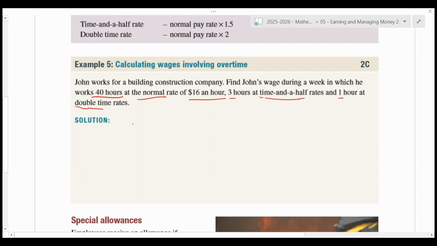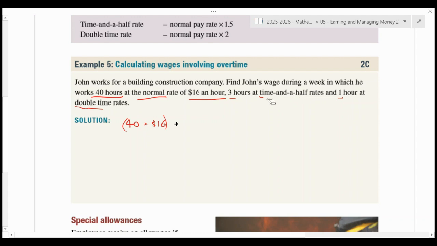He's worked 40 hours at $16 an hour. Okay, so I'll actually draw that a bit closer. $16 an hour. So that's his normal. And what I'm going to do, just so we can see it, is do it in different colours. So there's his normal.